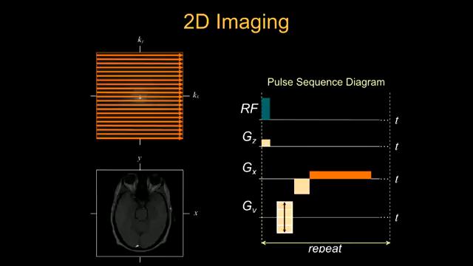If you apply this gradient using a kx definition, that means you go from here to negative, then positive, positive, positive, and at the end you're ending here. And if you want to get another line, that means you change your y gradient, which is so-called phase encoding.